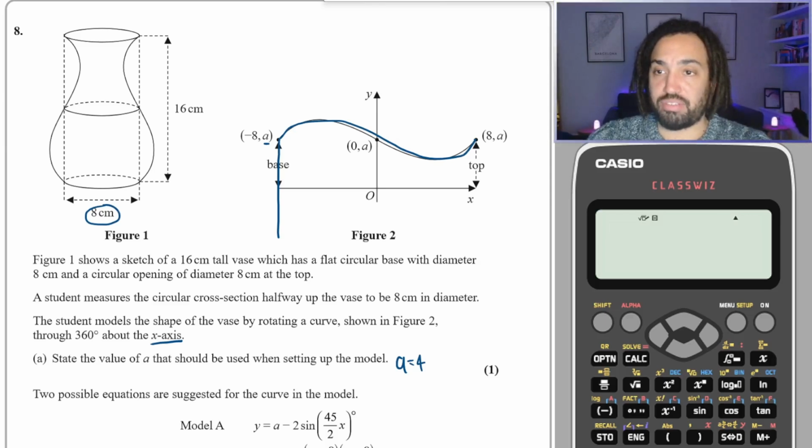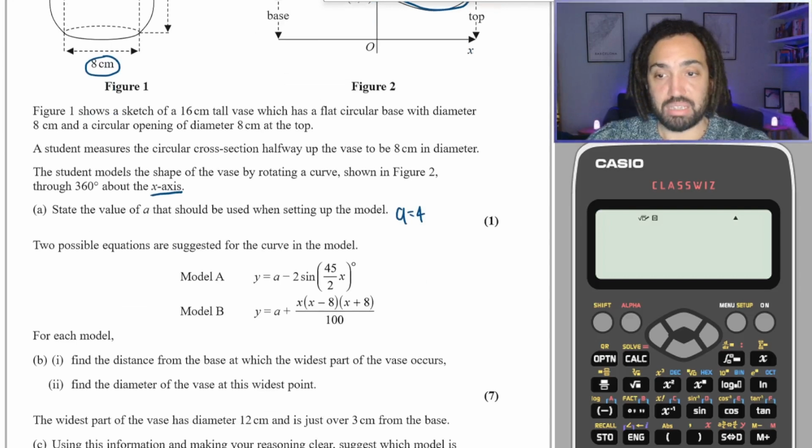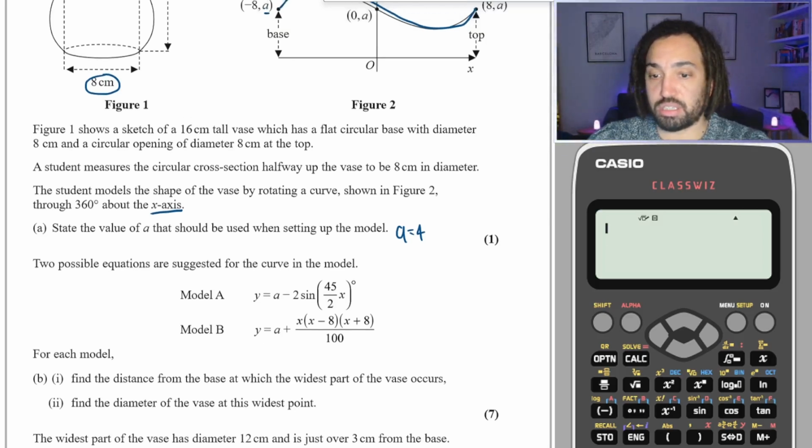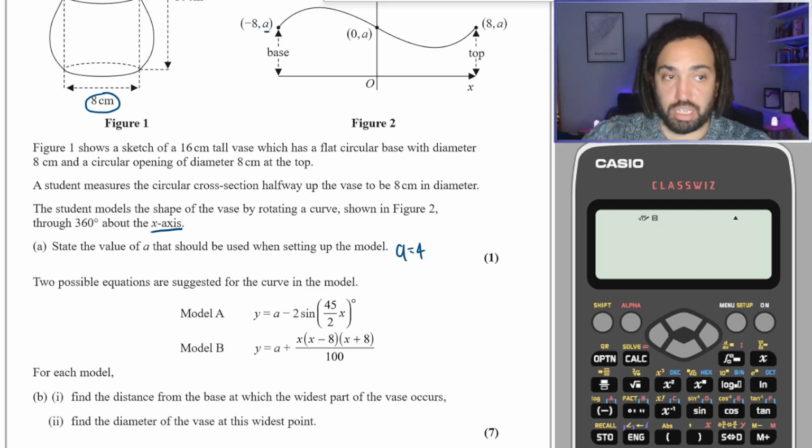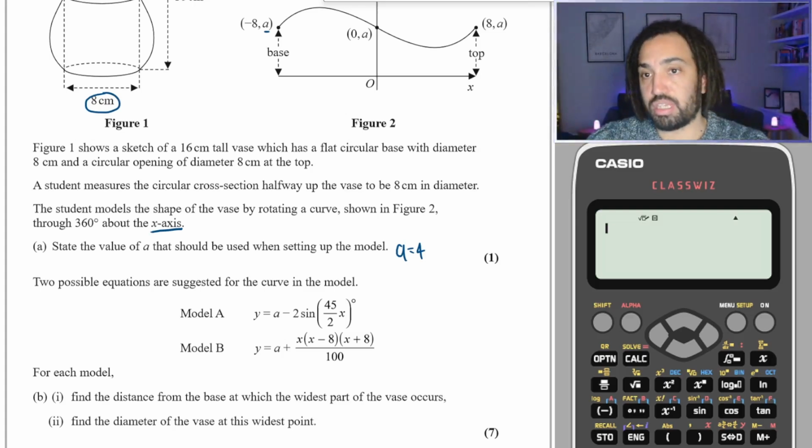And now we have these two models, which when I scroll down I'll show you. Two models, and for each one we have to find the distance from the base at which the widest part of the vase occurs. If we look at the first model, it's a sine graph that's been transformed upwards, and the sine graph will have a maximum halfway along.